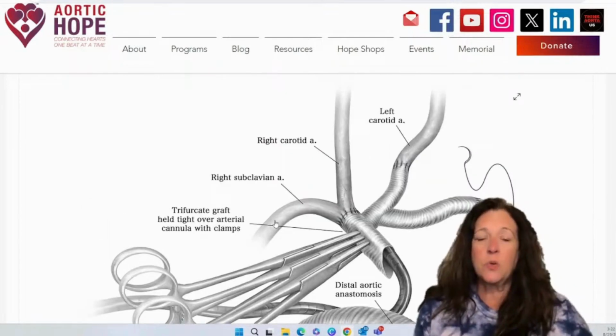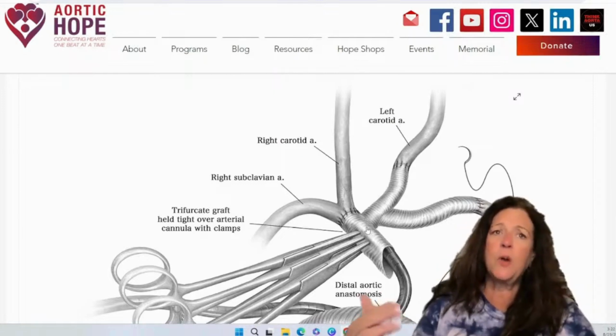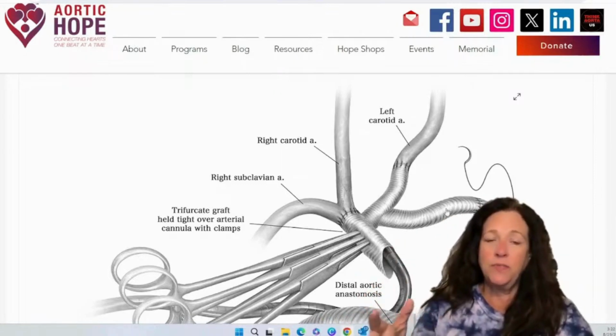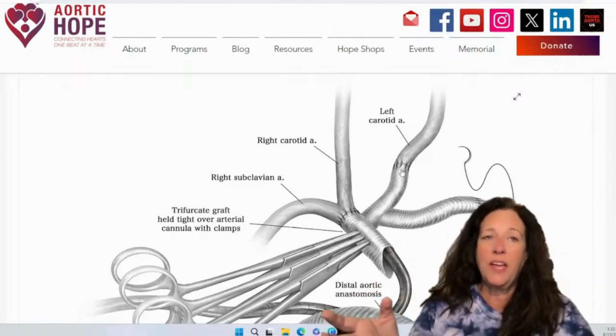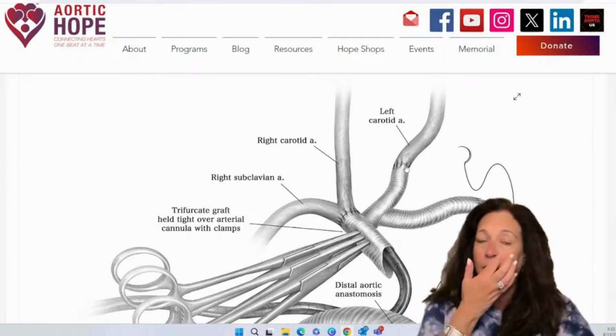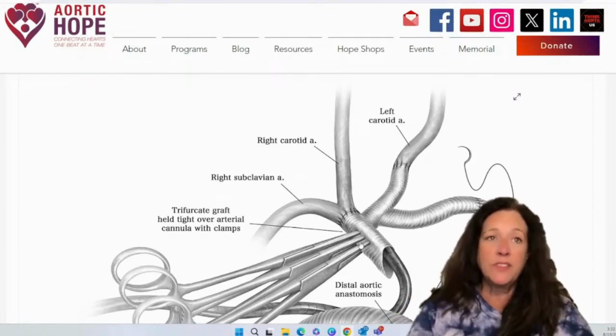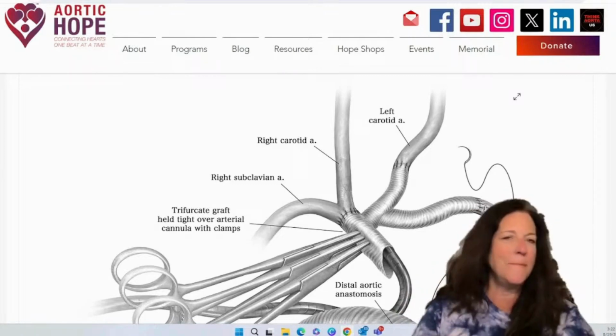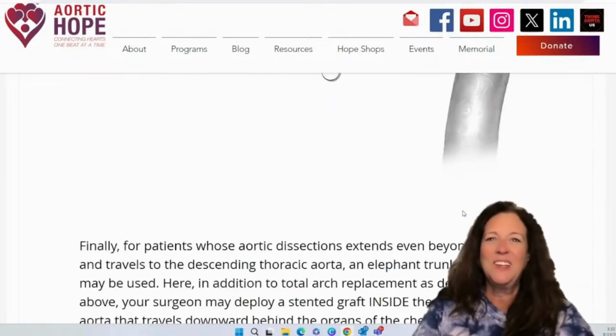There's your right carotid, your right subclavian, your left carotid. So you can see for this total arch replacement, it involved 2 vessels here. So they had an anastomosis because it went still into our natural tissue of the left carotid and into the left subclavian. And look, they just do that, like hand stitch it. It's amazing to me. I'm fascinated.